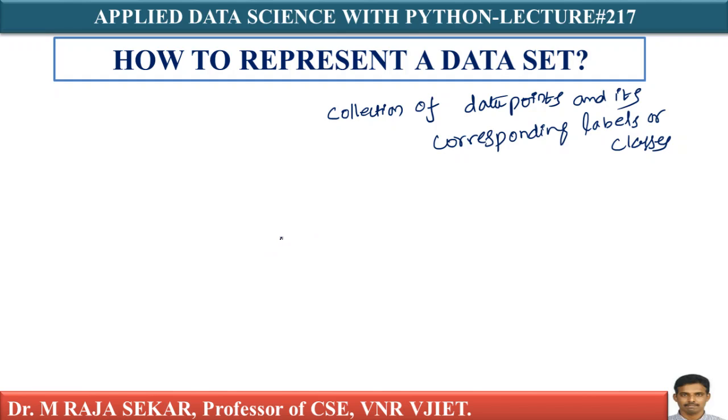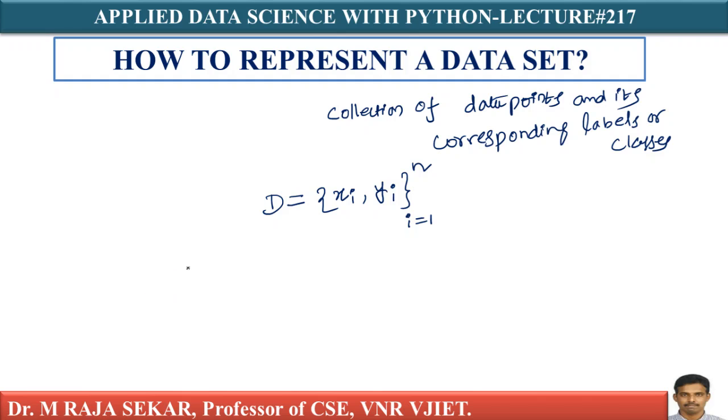As I told you, my capital D equals xi, comma yi, where i varies from 1 to n.